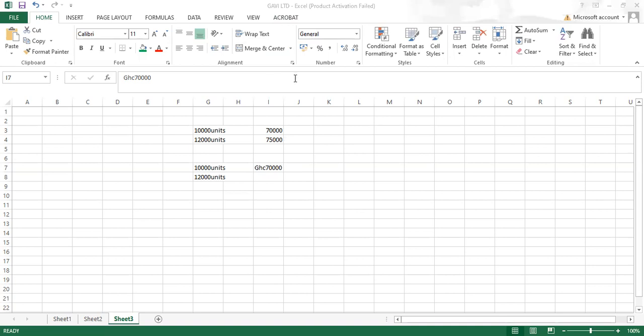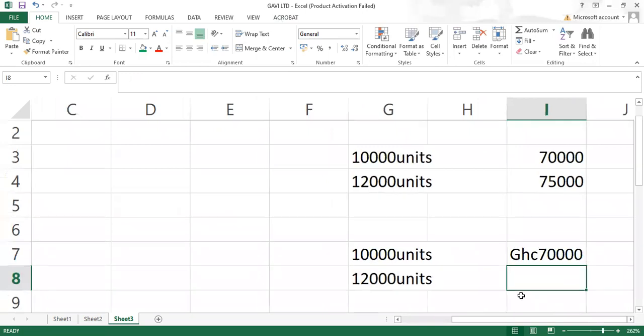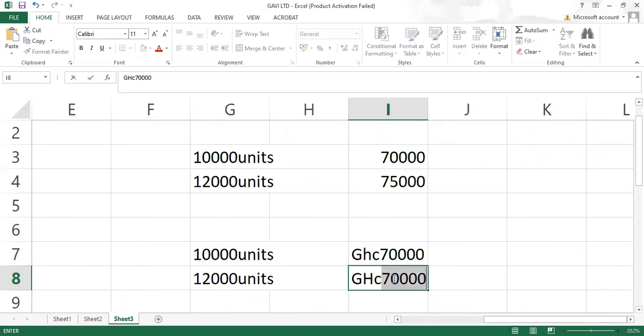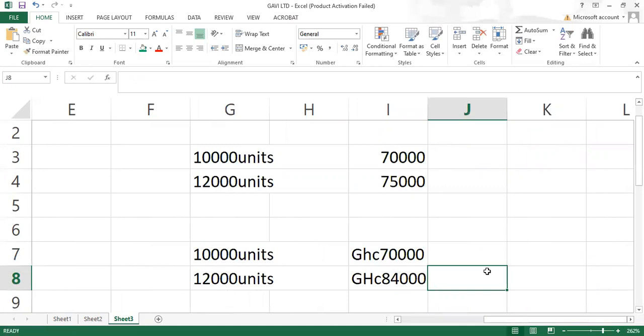So if one unit is 7 cedis and we are now producing 12,000 units, what will be the cost for the 12,000 units? It will be 7 cedis times 12,000 units. That will give us how much? 84,000.